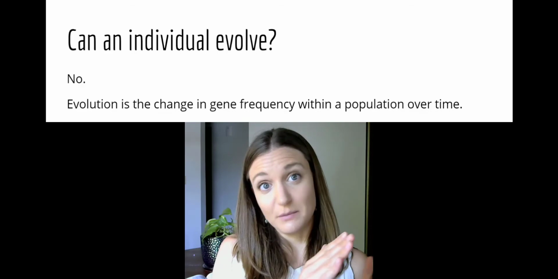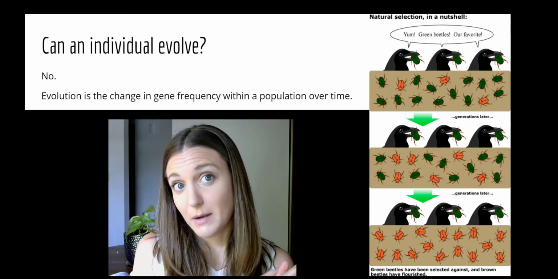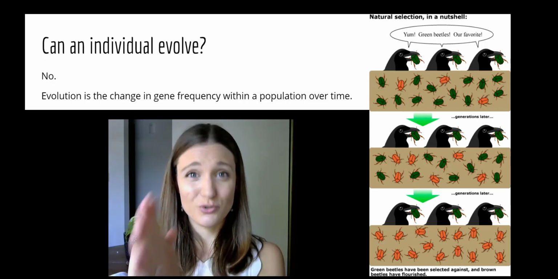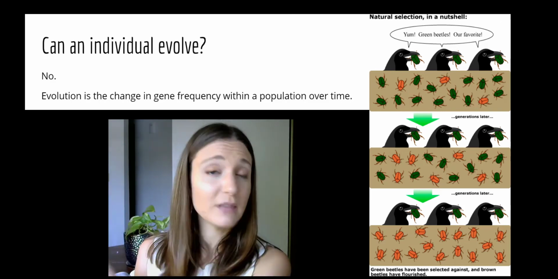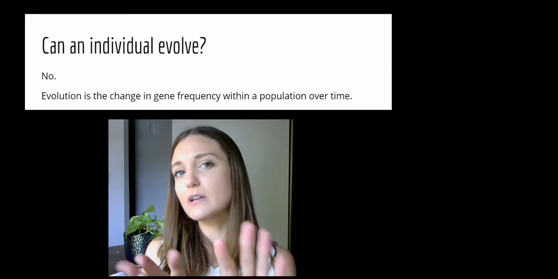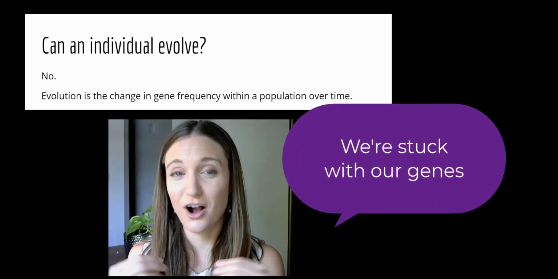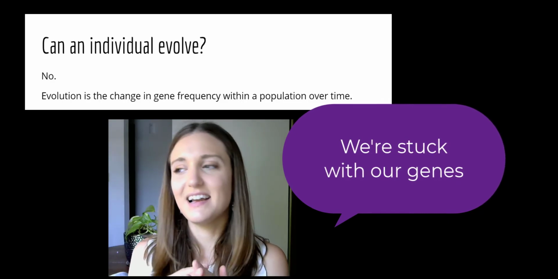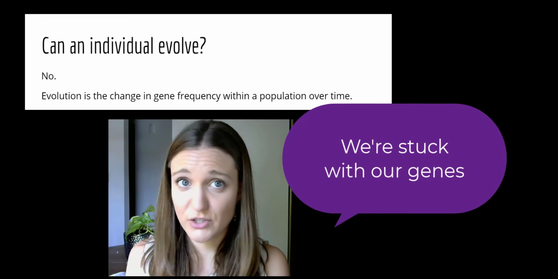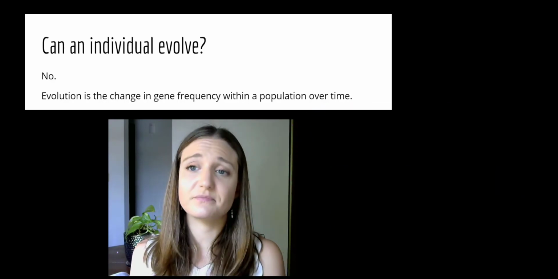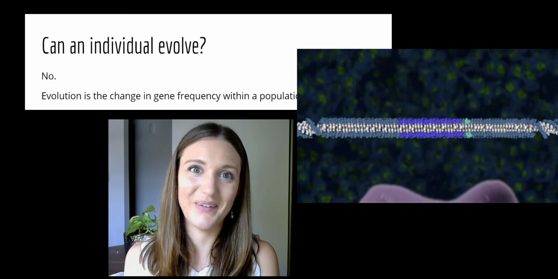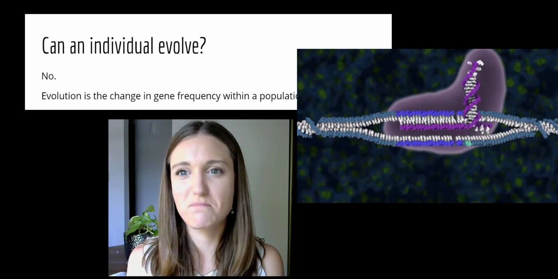Evolution happens at the population level. We measure evolution by measuring which traits and genes become more common or less common over generations. An individual cannot change their genetic composition. I can't change my genes, unless you want to argue CRISPR with me, but that's a whole other discussion.